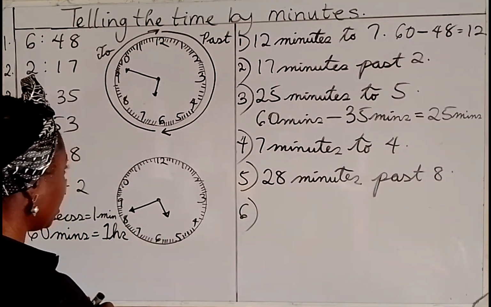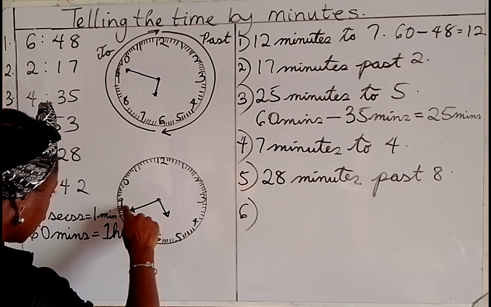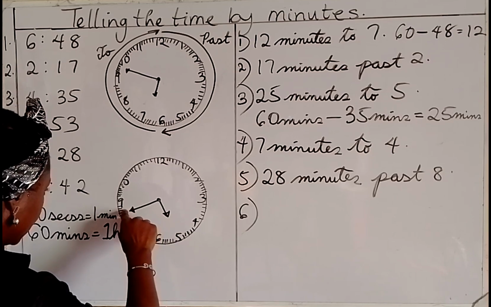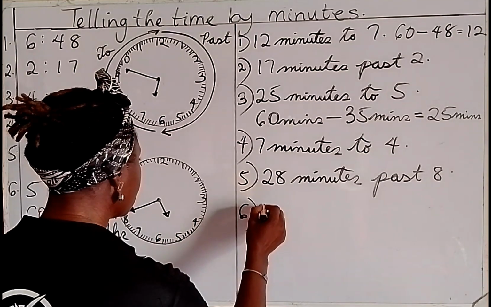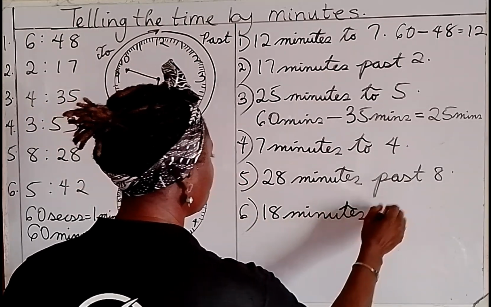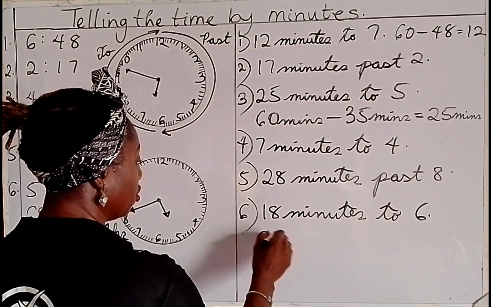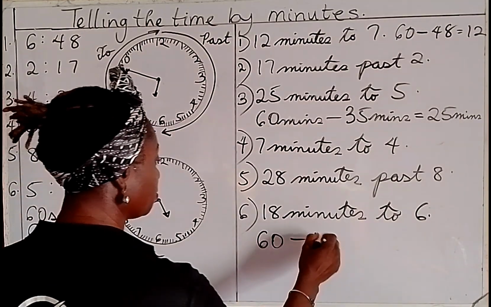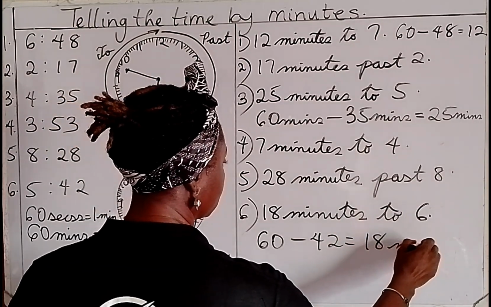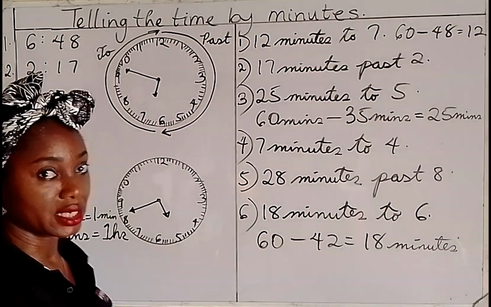We calculate from 12: 5, 10, 15, 16, 17, 18. So we would say the answer is 18 minutes to 6. Or better, take away 42 from 60 to get 18. So the answer is 18 minutes to 6.